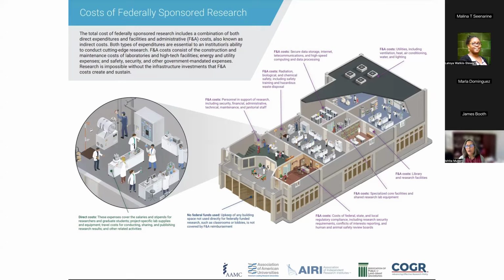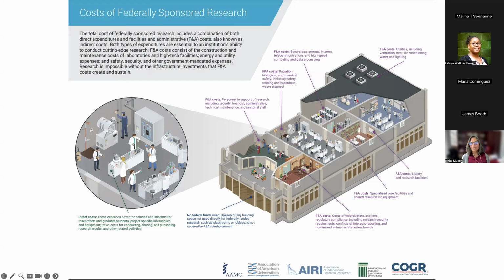Now let's think about all of the other things that are needed to support your research project. So some of the F&A costs that we can talk about. Here, this is meant to represent the personnel who support your research project. Those would be the people involved in security, the financial aspects, the administrative aspects, technical, maintenance, janitorial staff, okay?